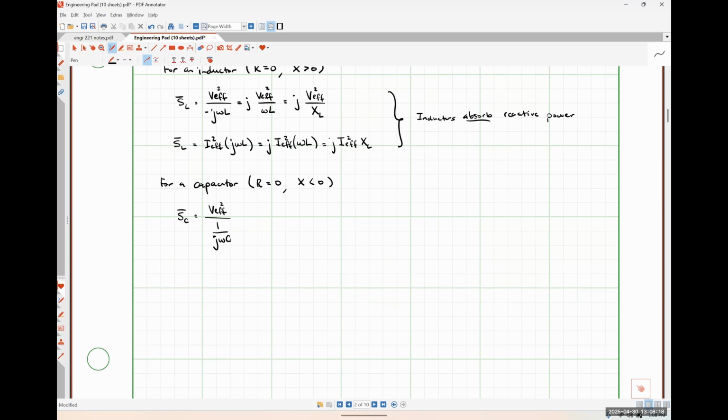And now I need to take the complex conjugate of this. Well, to take the conjugate, I simply change the sign on the J. So I have something that is 1 over negative J. So that's just going to move that negative J into the numerator. So I'll have negative J. Here's my V effective squared. And now I have left over a 1 over omega C, which is the same thing as an omega C in my numerator.